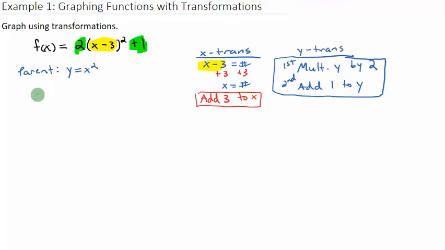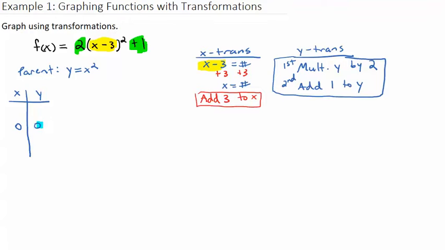And let's start with our parent graph, for which I will choose 3 ordered pairs to represent it. We're already comfortable with this graph y equals x squared, and I'll roughly graph it here with 3 ordered pair representatives. So the one in the middle that I'll choose is when x is 0, y is 0 squared, which is 0.